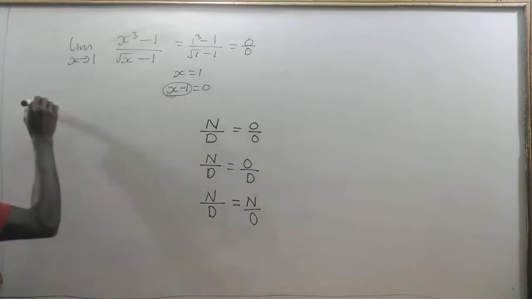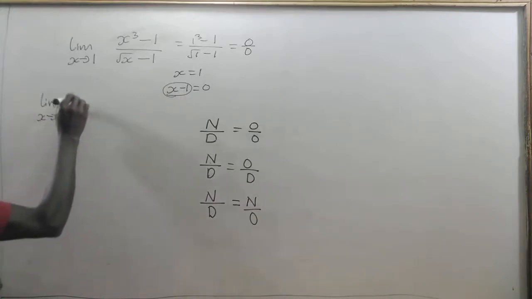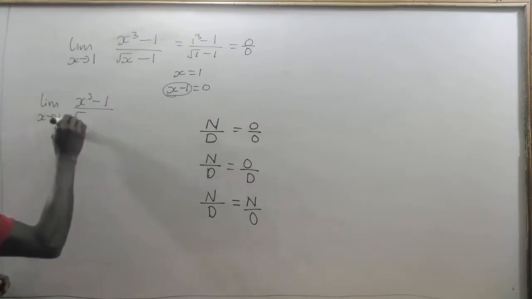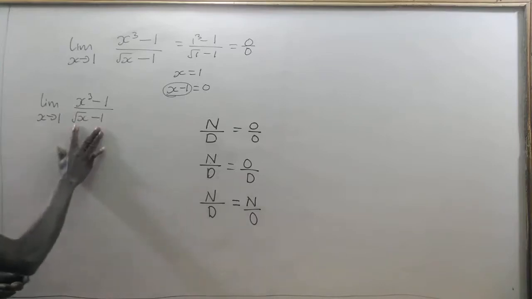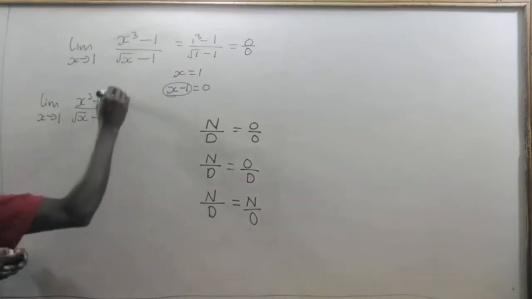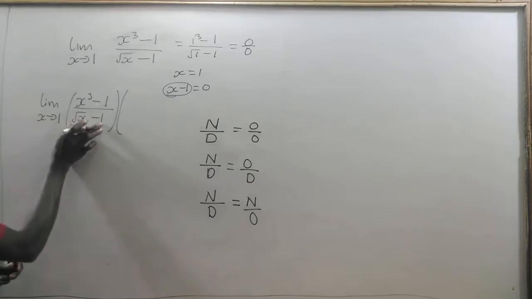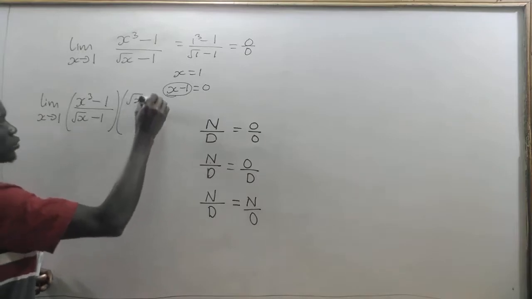So here, let's take it. You have the limit as x approaches 1, x cubed minus 1 divided by square root of x minus 1. Now since we are dealing with the square root sign, we will rationalize. So we multiply the numerator by the conjugate of square root of x minus 1, and that is square root of x plus 1.